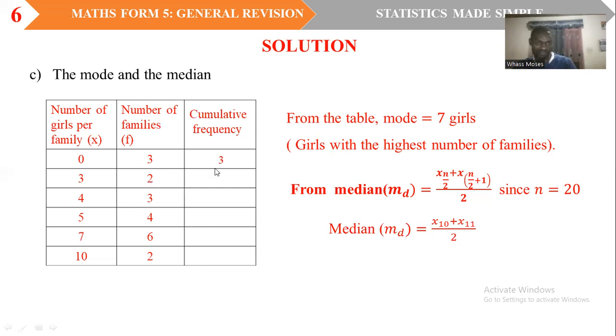So when you add 3 to 2, you obtain 5. Adding 5 to 3, you obtain 8. 8 added to 4 gives 12. 12 added to 6 gives 18. And 18 added to 2 gives 20. When the last value of the cumulative column corresponds to the total frequency, then it means that the addition you did was perfectly correct.